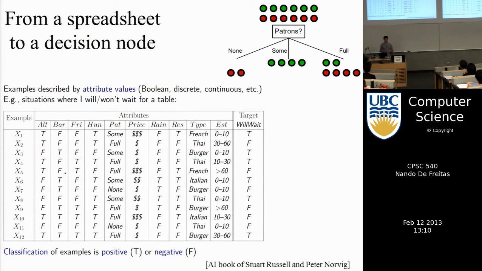It has an excellent introduction to machine learning. In this example, there are 12 potential customers for a restaurant, and the restaurant might just be trying to decide how to run its operation to maximize the number of customers that it can get in the business.